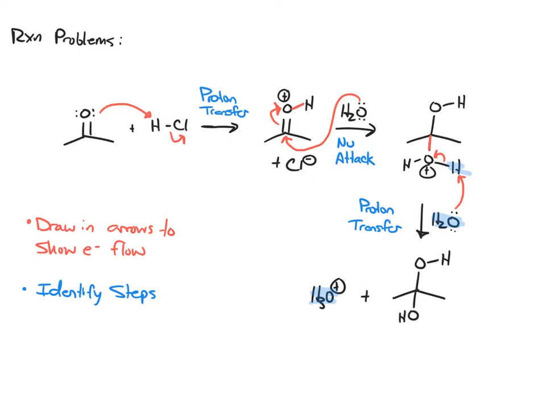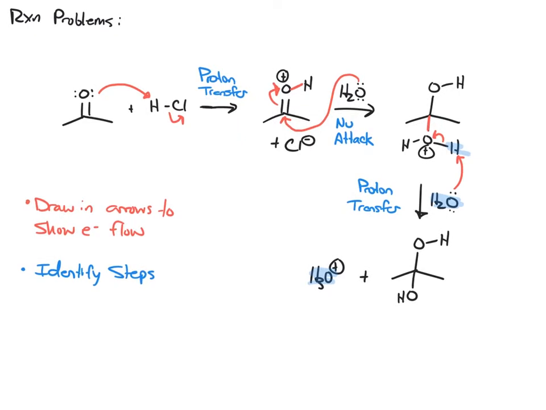The other type of thing you could potentially be asked to do: let's just say I gave you some starting material or some reactive intermediate, and I drew in the curved arrow for you.